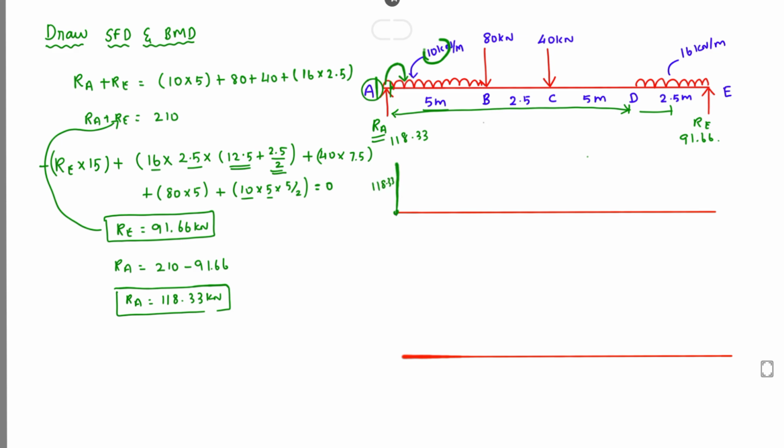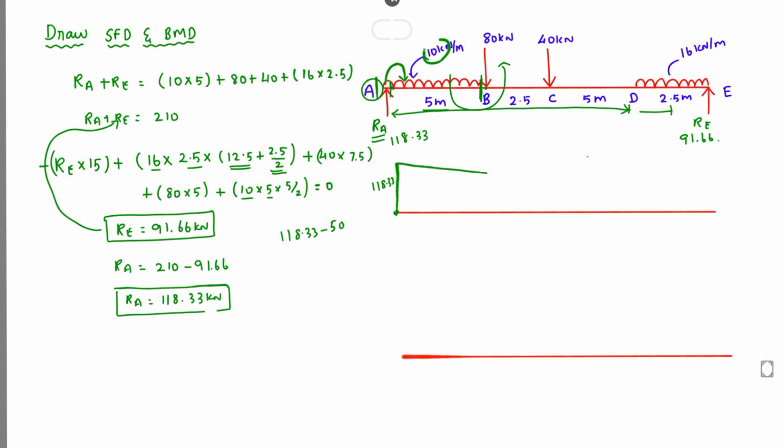Next we take B. On the left side of B there is a force of 10 into 5, so 50 kilonewton is acting, and it acts as an anti-clockwise force, so we subtract. 118.33 minus 50 gives the value of positive 68.33.